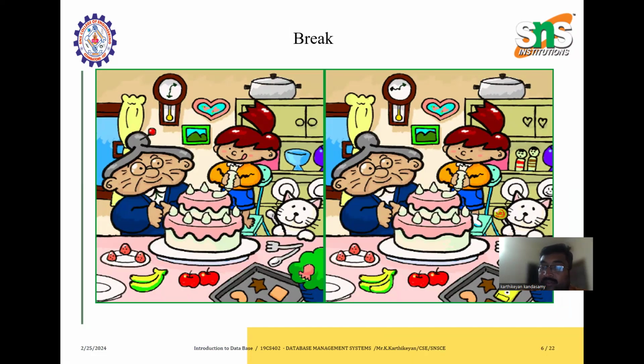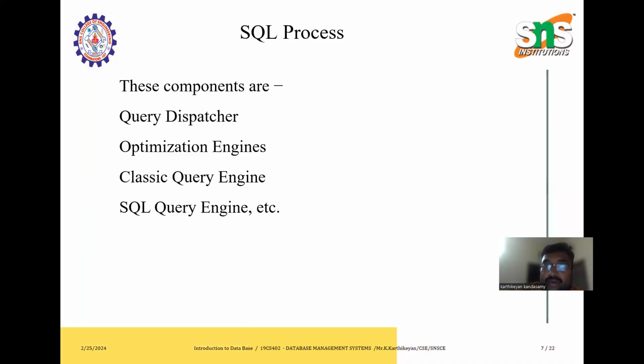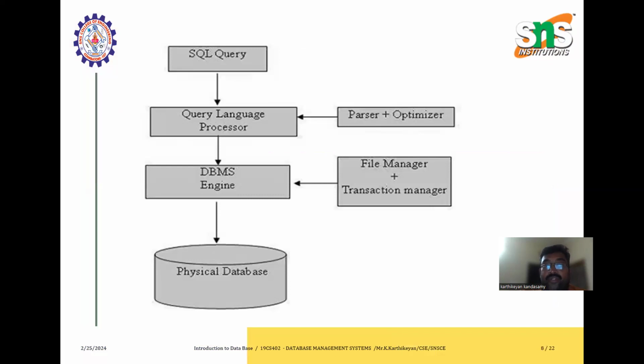If anyone of you can find out your process in the sectors. Yes, it's correct. So there are query dispatchers, optimized engines, classic query engine and SQL query engine. This is the SQL process in the sectors. So this is the process of an SQL query.